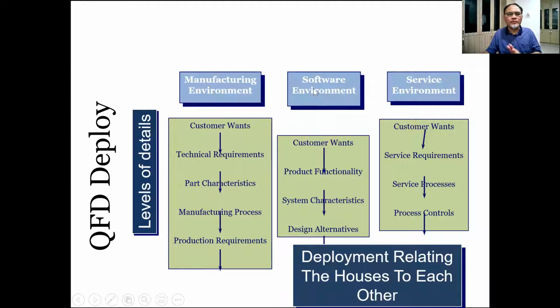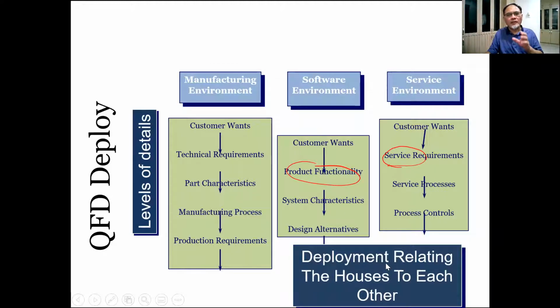This applies to software and service environments too. It is from customer wants to product requirements or functionality or service requirements. In this case, it is service requirements. This is product functionality, and you go through the steps. Finally, you deploy to the next level.